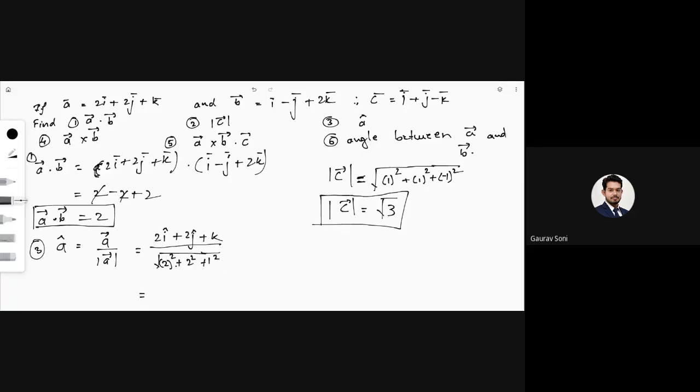So it is 4 plus 4 is 8 plus 1 is 9. So that will be 2 by 3 i cap plus 2 by 3 j cap plus 1 upon 3 k cap. So this is your a cap.